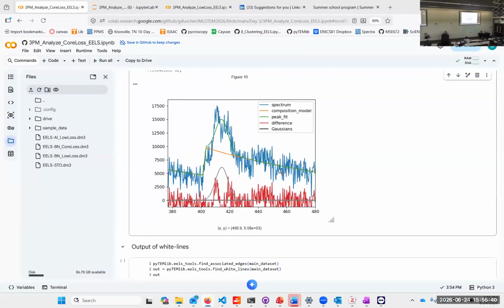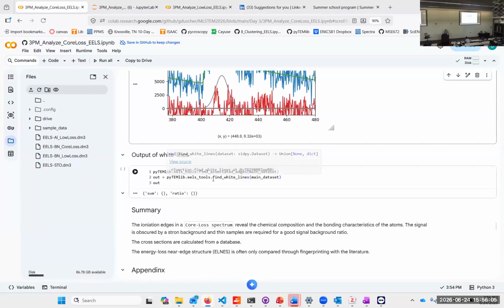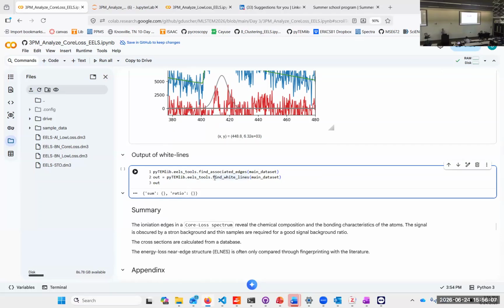That is the representation of my nitrogen one. Obviously, not a lot of intensity here. It's 15 atoms, 18 atoms of nitrogen. That is not a hell of a lot, but we still can get a noise-free representation from that. We have now a lot of peaks that we fitted.